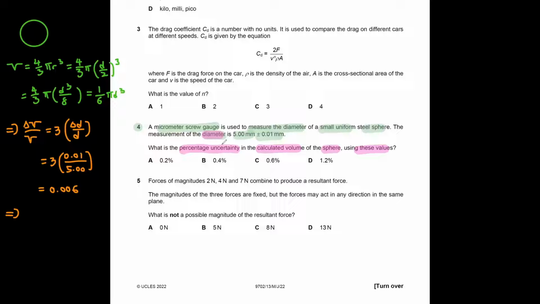Now, to get percentage uncertainty, which is required by the question here, percentage uncertainty is actually our fractional uncertainty multiplied by 100%, giving us 0.6% here. Our answer will be C.